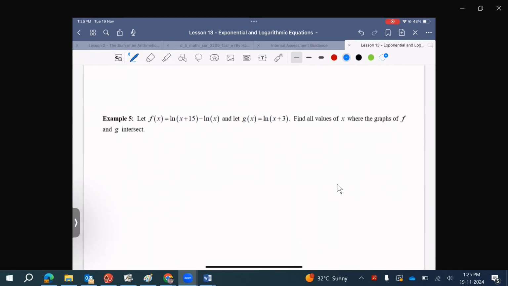Okay, so we've got 2 functions, and we need to find all the values of x where the graphs f and g intersect.